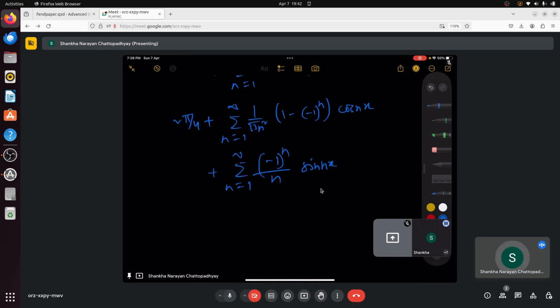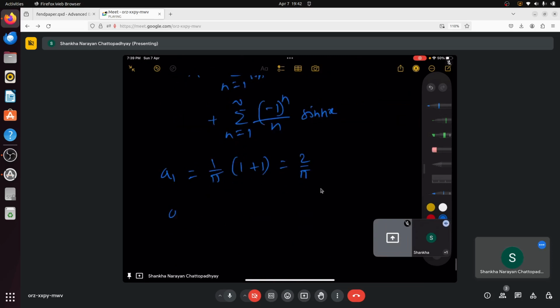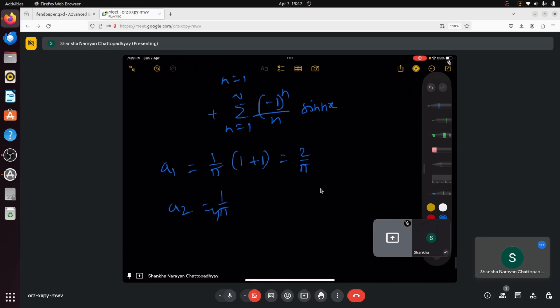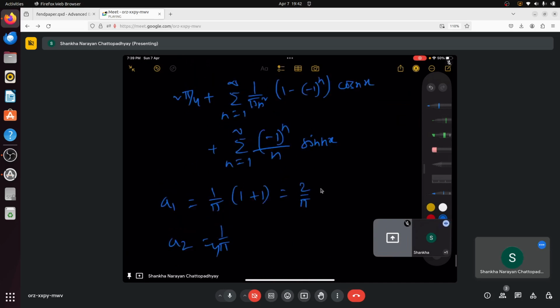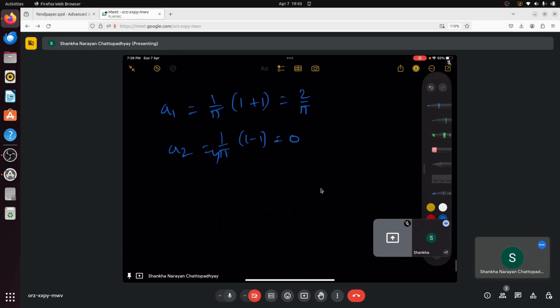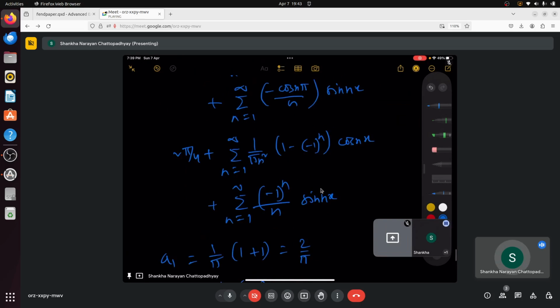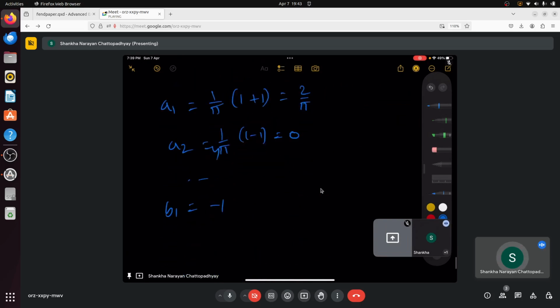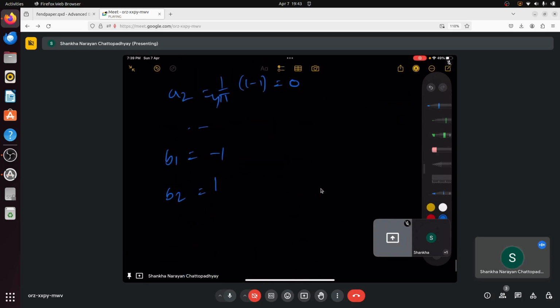So you can determine a1 is 1 by pi times 1 plus 1, that means 2 by pi. a2 is 1 by 4 pi times 1 minus 1, it is 0. Simply you can determine b1 as minus 1, b2 as 1 by 2.